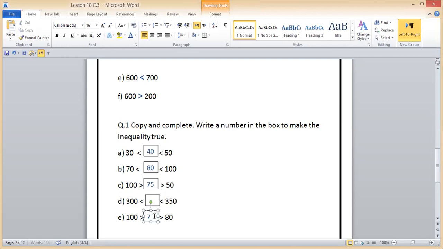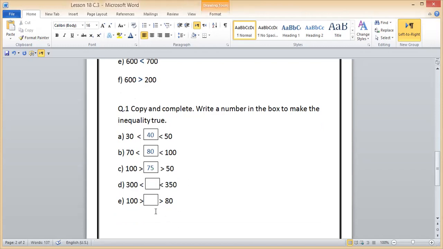So guys, again, 300 and 350. The number should be greater than 300 because 300 is less than that number, and the number should be less than 350. So from 300 to 350, you have plenty of numbers.